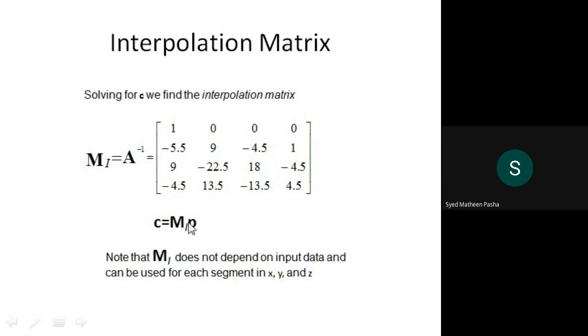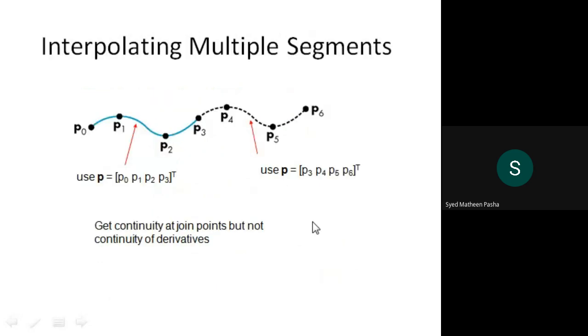Basically MI will be taken from the coefficients with respect to the points here. MI does not depend on the input data and can be used for each segment. It is independent data, which can be taken for any kind of curves and surfaces.